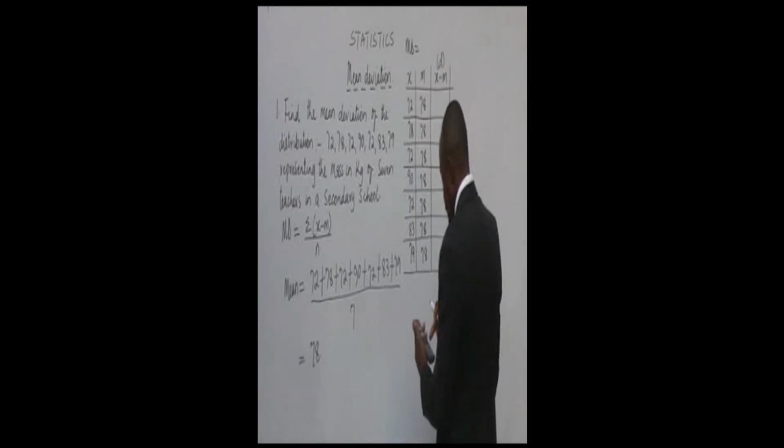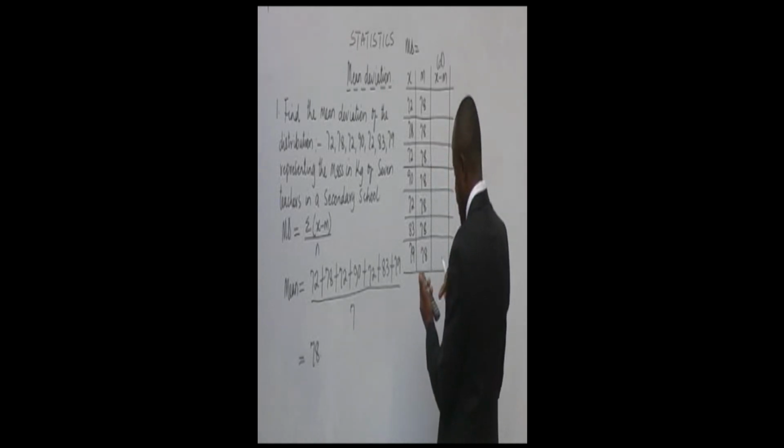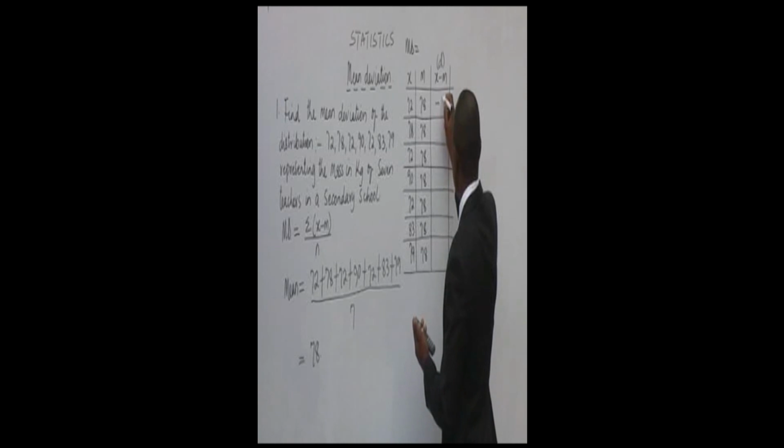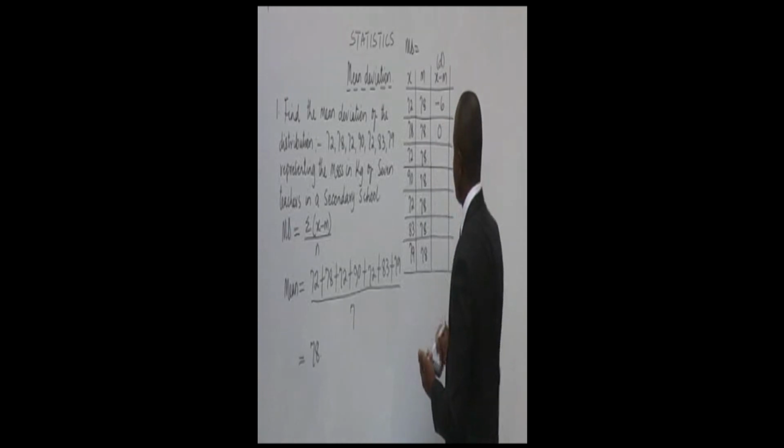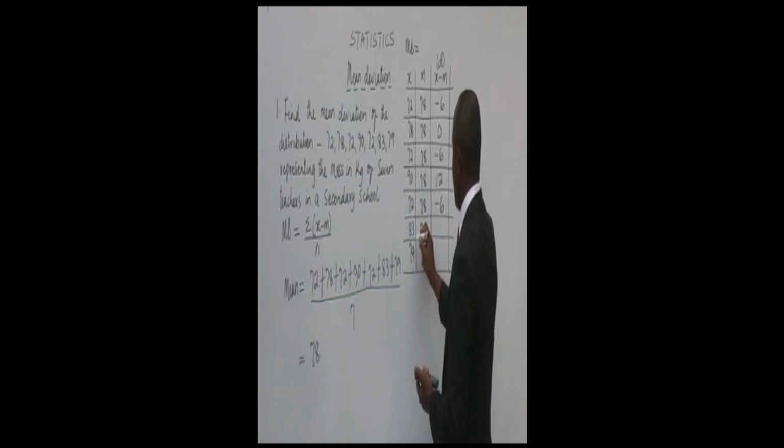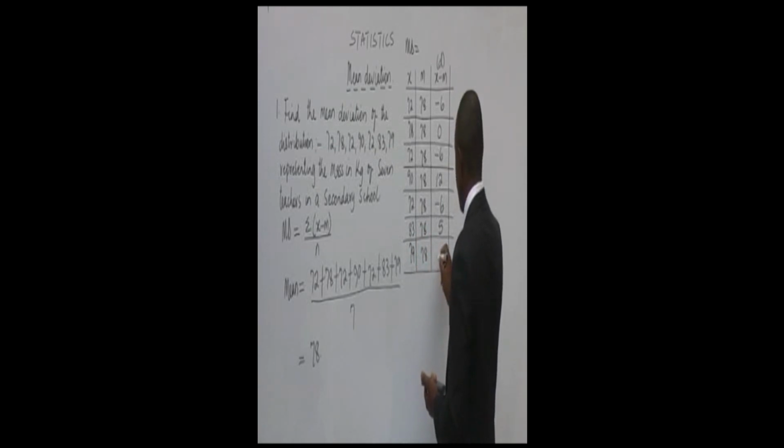So let's begin to subtract. 72 minus 78 gives you minus 6. 78 minus 78 will give you 0. 72 minus 78 will give you another minus 6. 90 minus 78 is going to give you 12. 72 minus 78 is giving you minus 6. 83 minus 78 is giving you 5. 79 minus 78 is giving you 1.